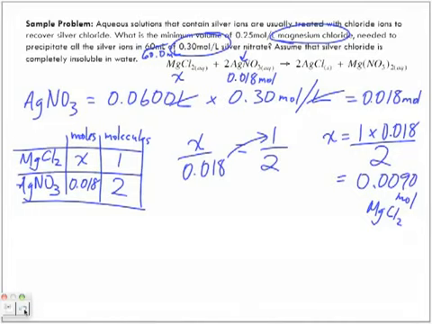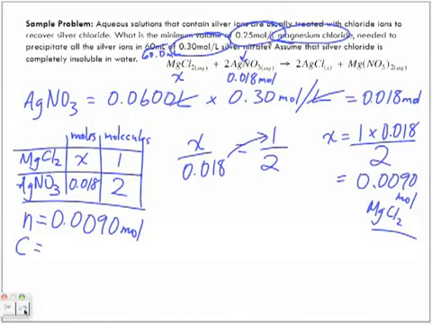So we're going to take the number of moles that we have here, right? So our N value is 0.0090 moles. We've got a concentration of the magnesium chloride, which is 0.25 moles per liter.